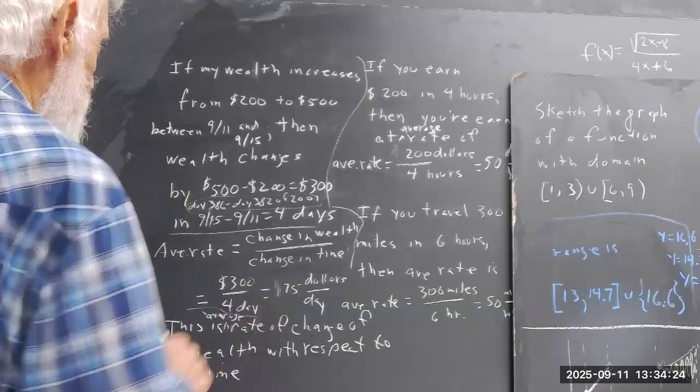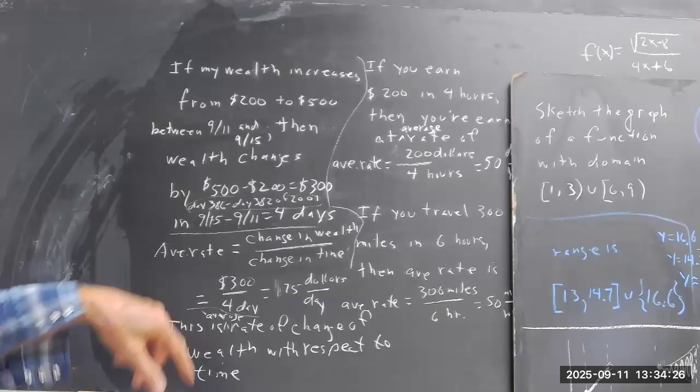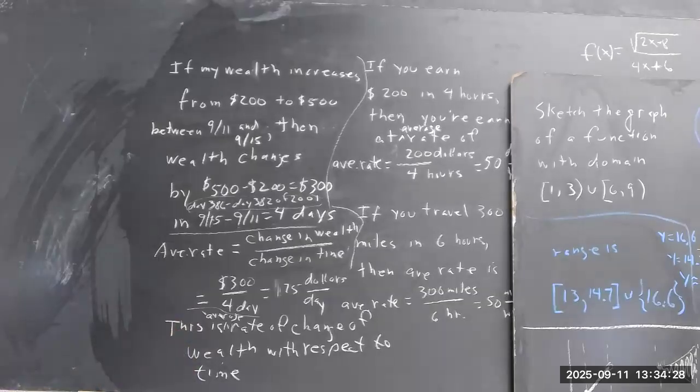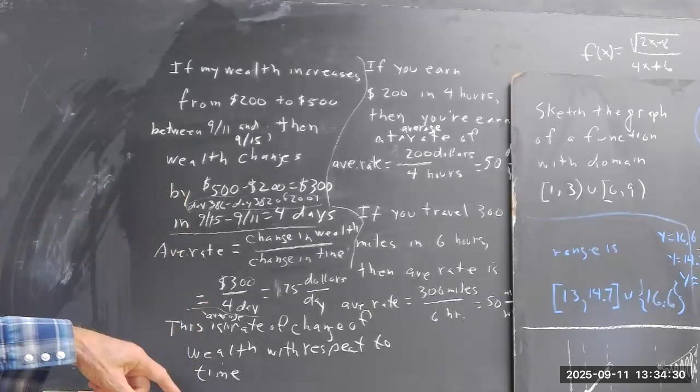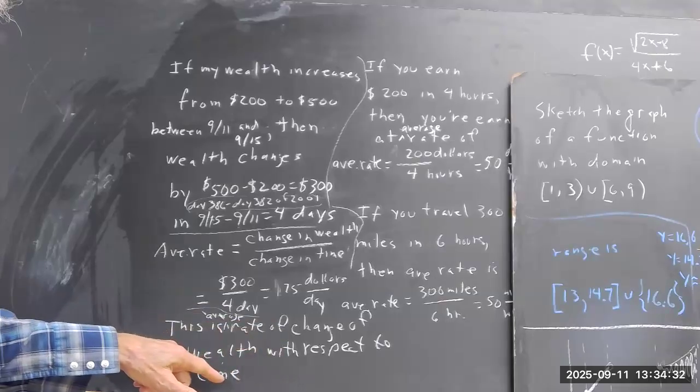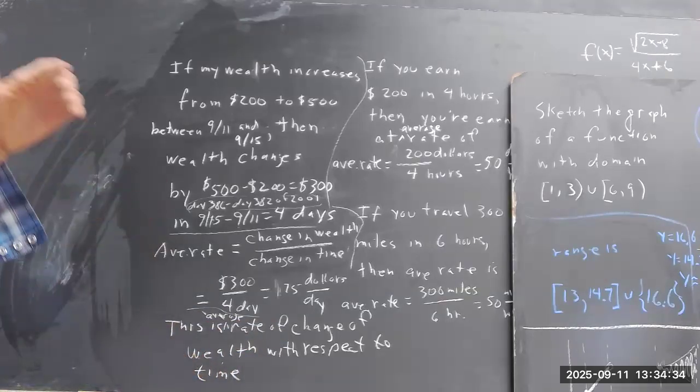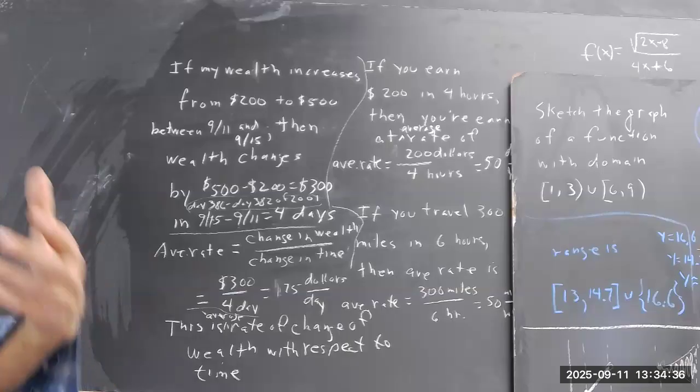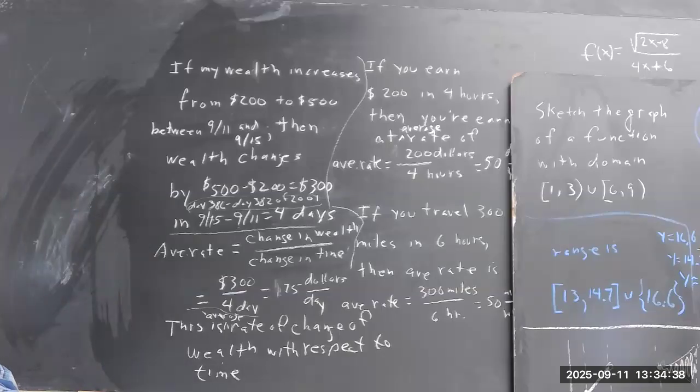Now that word I just had in there is average. I can't even read it. But this is an average rate of change in wealth with respect to time. It's change in wealth divided by change in time.